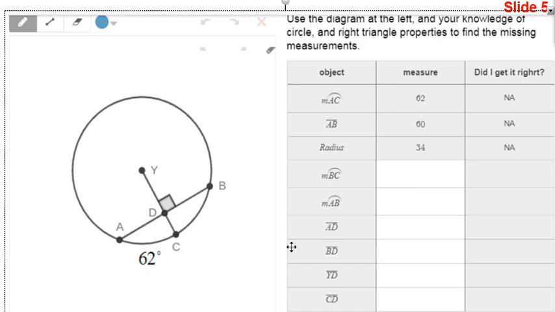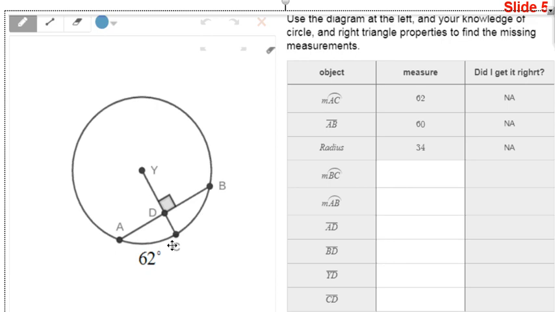In previous lessons, we learned that when you have a chord that's perpendicular to the radius, it's going to bisect the chord. We also know that it's going to bisect the intercepted arc for that chord as well.